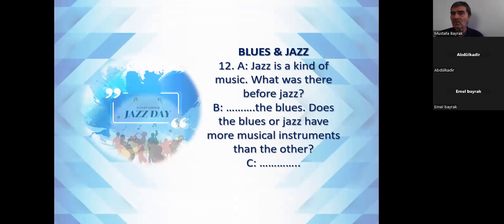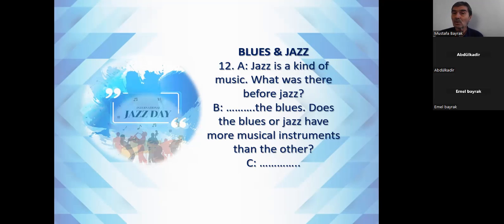Jazz is a kind of music. Yes, you are right. Jazz is a kind of music like pop, rock, classic music. What was there before jazz? There was the blues before jazz.